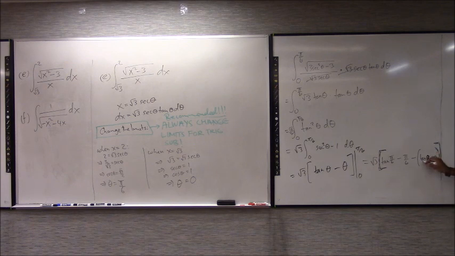What's tangent of 0? 0. So this is just 0 minus 0, so that's 0.